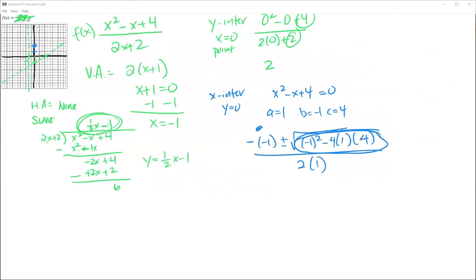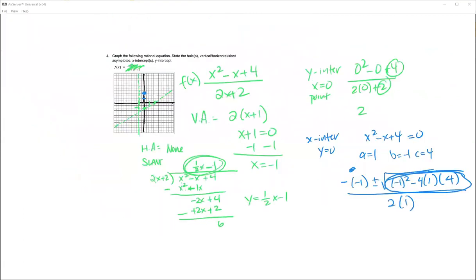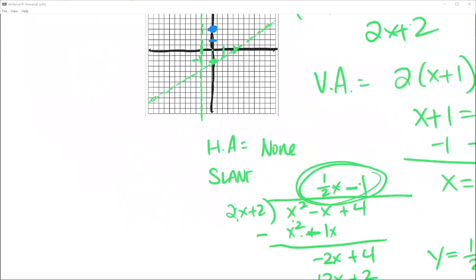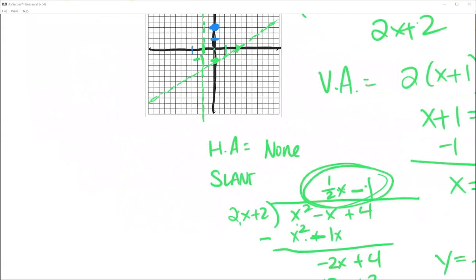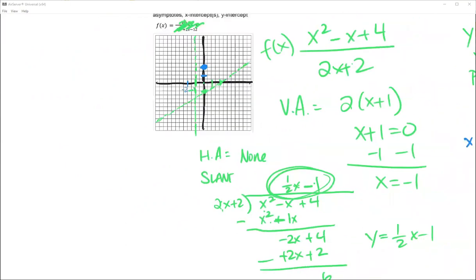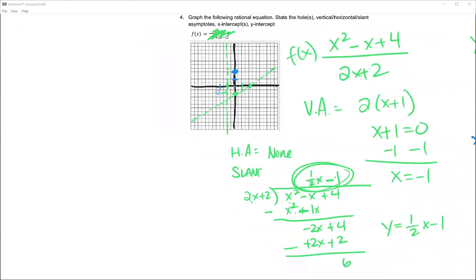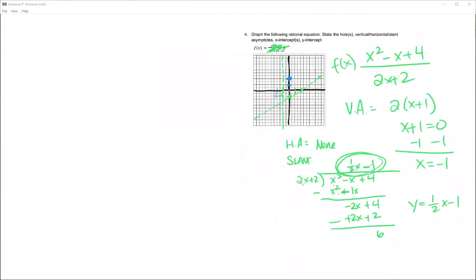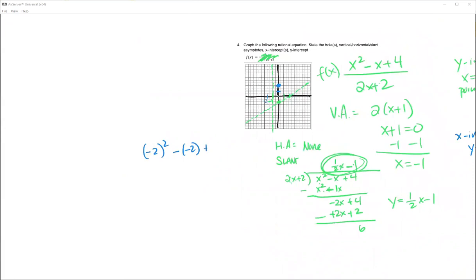You want to go back up here and maybe plug in -2 into the equation and see where it lands. All right. So let's plug in -2. So it is -2 squared minus -2 plus 4 all over 2 times -2 plus 2.